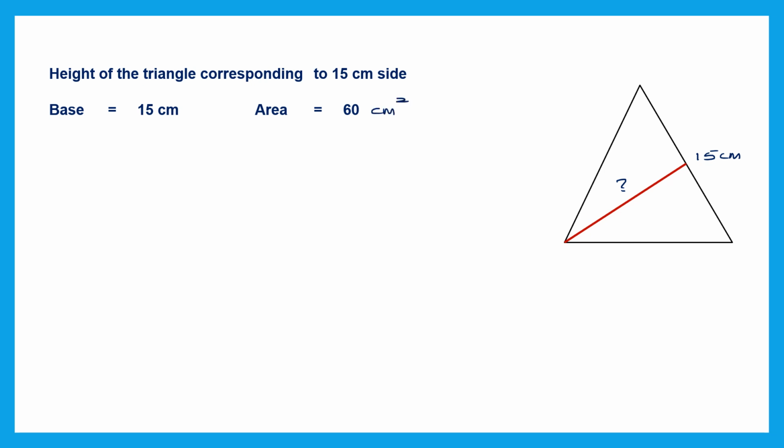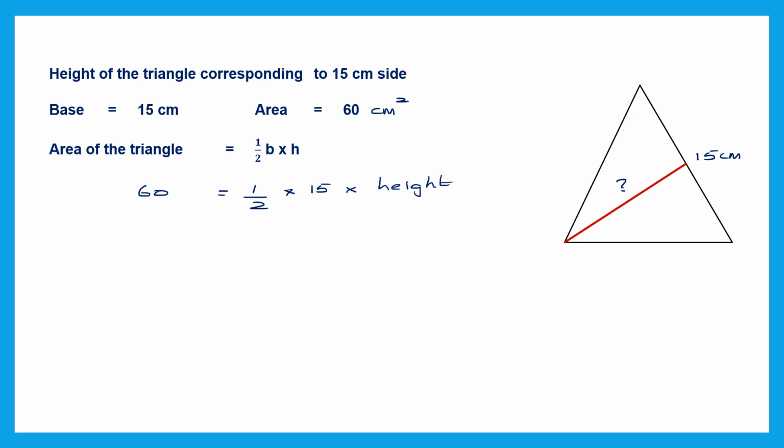So now we're going to use the formula of area of the triangle equals half base into height, and this is the height that we are going to find. This is unknown, but we know the area, we know the base, we're going to find the height. So area is equal to 60 and this is half into base, that is base is 15 centimeters into height. Height we don't know, so we are leaving it as the word height.